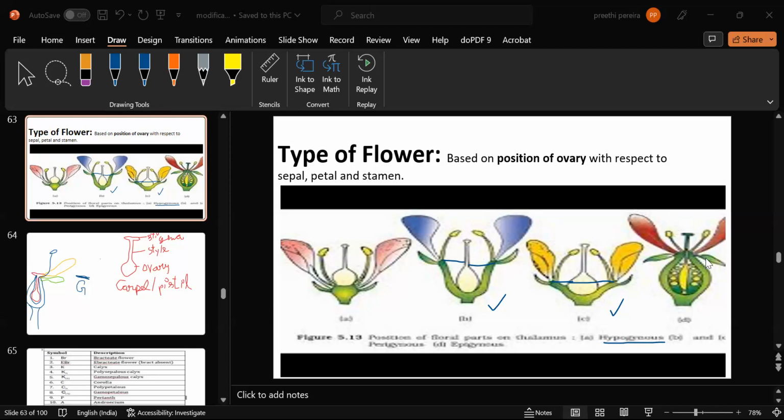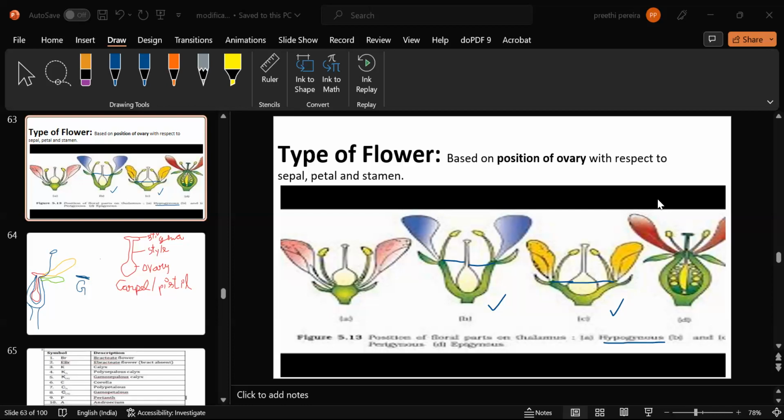So questions from this topic. This is a very important part of the flower in terms of NEET. One question you will get, they'll give the same pictures and jumble up the options and tell you to match. So picture based question is expected. The second type is examples.